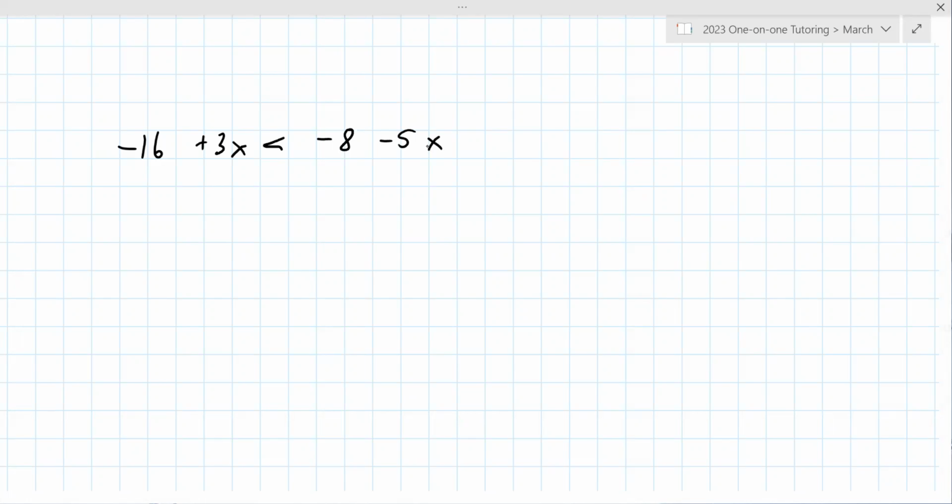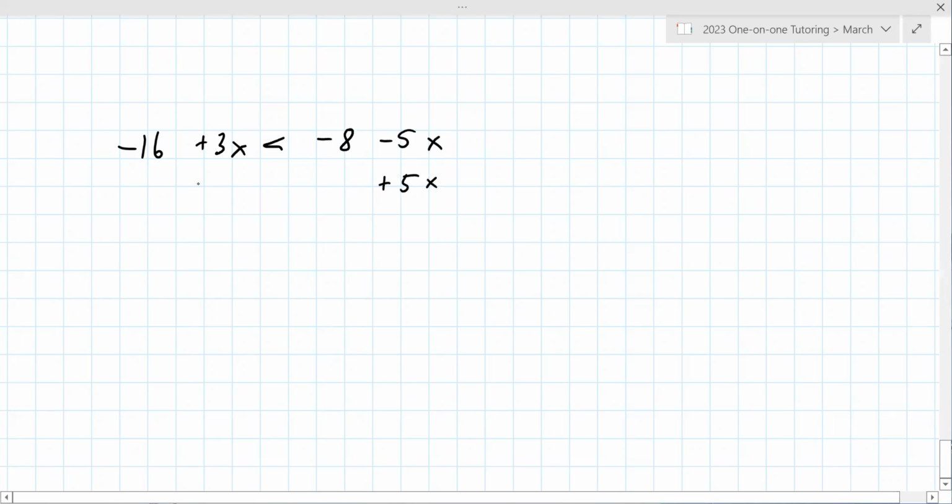Let's add 5x. So remember I said smaller to larger. Technically this is smaller, and it's the same idea. Why is -5x smaller than 3x? Because it's more to the left. Negatives are more to the left.